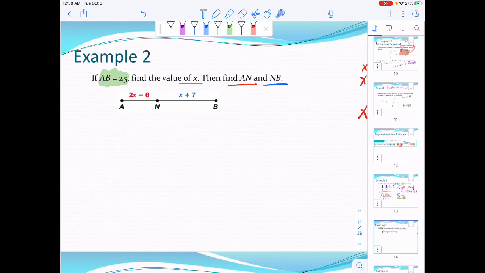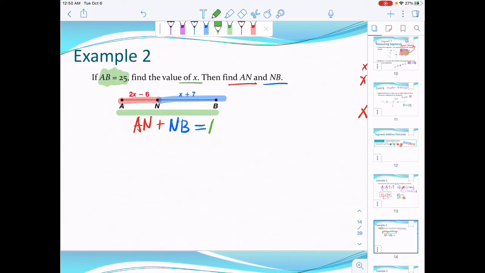So segment AN plus segment NB is equal to segment AB. Yeah, that makes sense. Let me see. This part plus this part is equal to the entire thing. AN plus NB is equal to AB.